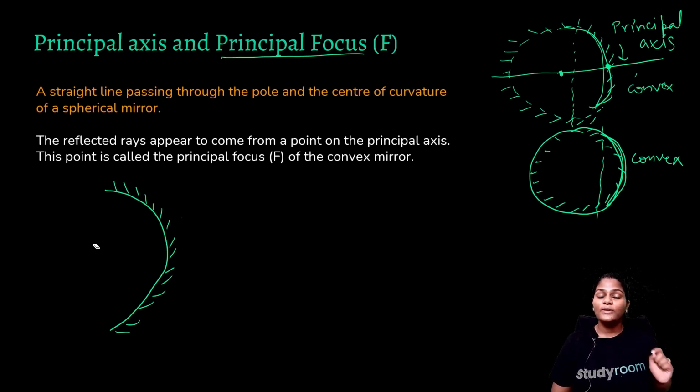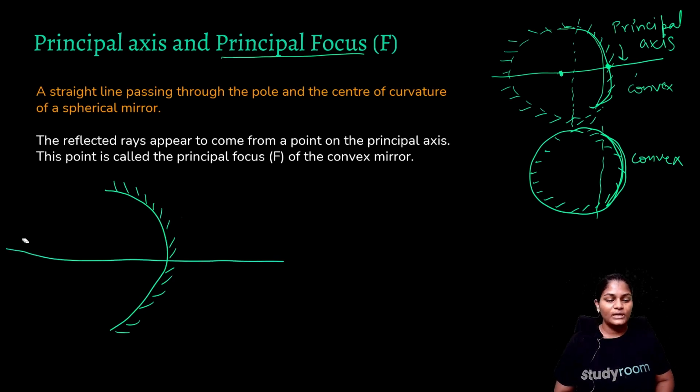So how we depict rays coming from infinity, this is also something that you have to always remember. I'll just draw a straight line. This is the pole, somewhere here. Now immediately you have to link it to these two spheres that I have drawn. This is a concave mirror, caving inside.